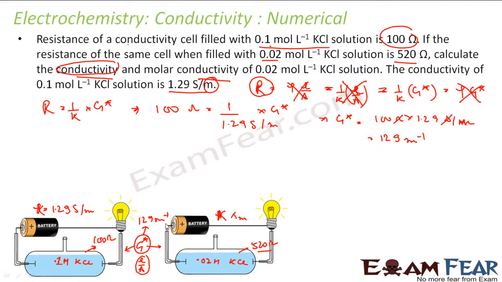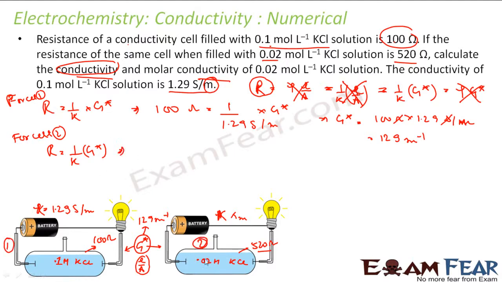But they are not asking for this. What they are asking now is, for this second conductivity cell, I have to find the value of conductivity and lambda. So I can use the same formula, R is equal to 1 by K into G star, right? Assuming this is my cell 1 and this is my cell 2.